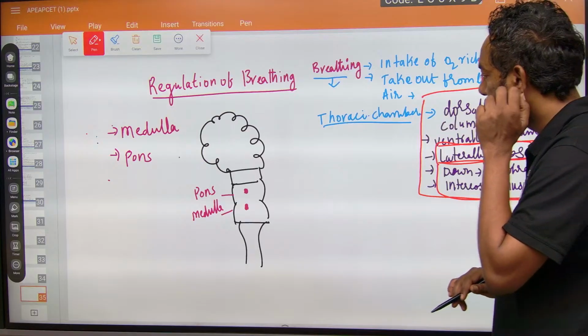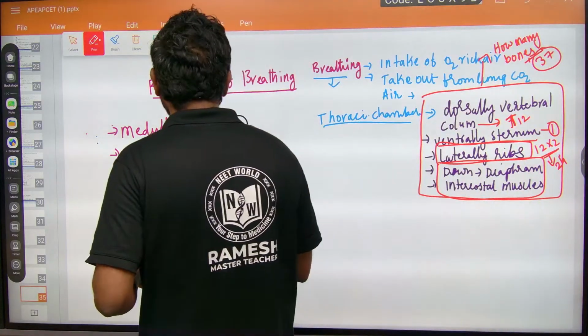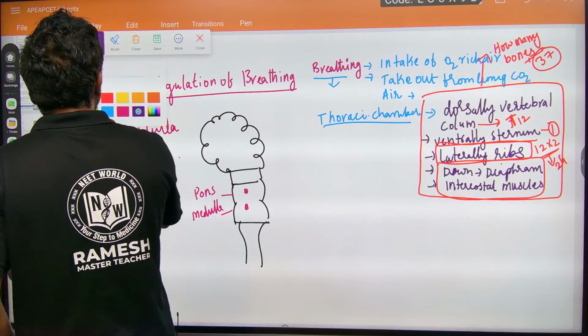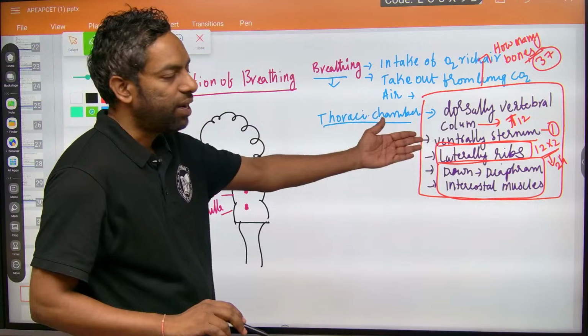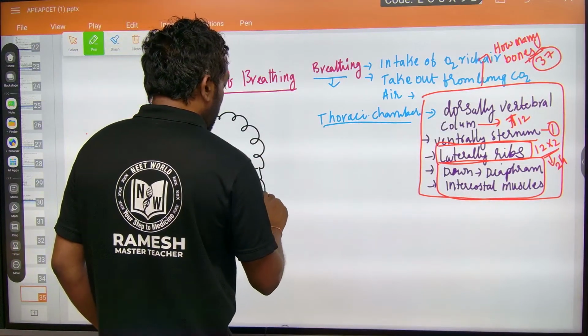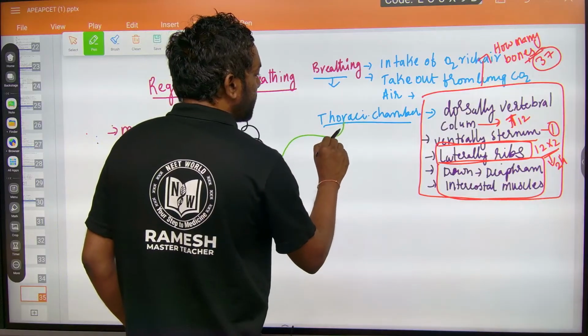So guys, just look here. The pons and medulla play the major role. They give signals to the thoracic chamber.